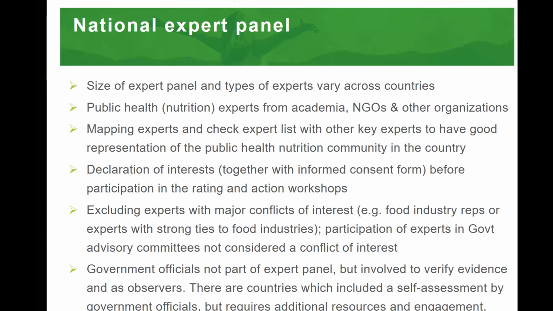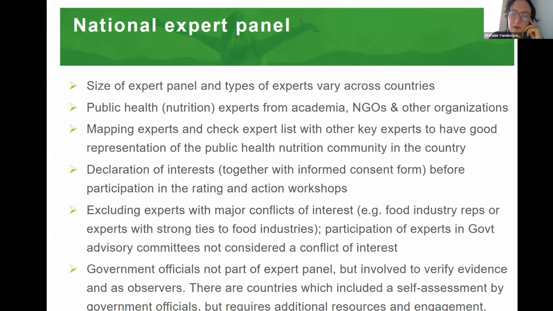But then you evaluate the government, and generally, because many experts are sitting on government advisory committees and so on, this is not considered a conflict of interest. The rating is also done anonymously, because otherwise we would have no experts that can participate.